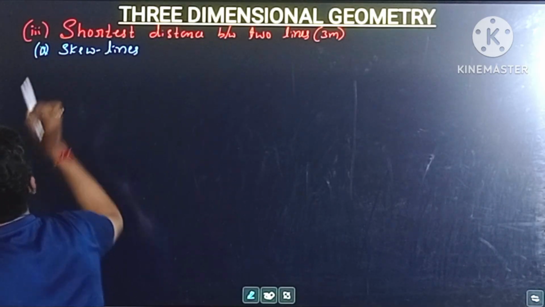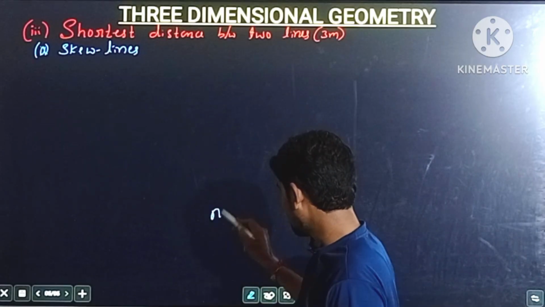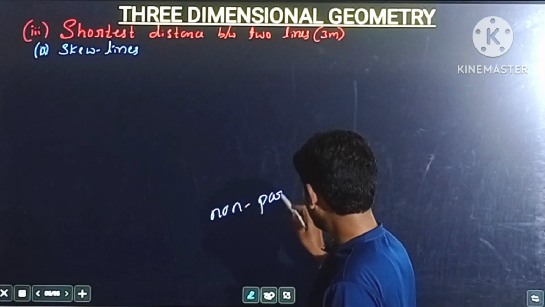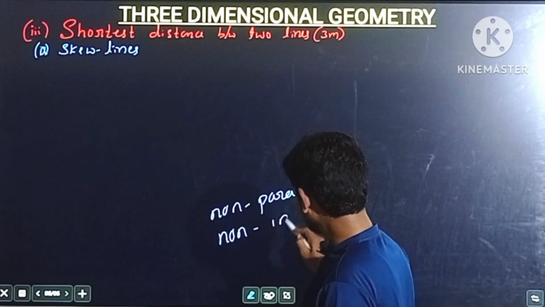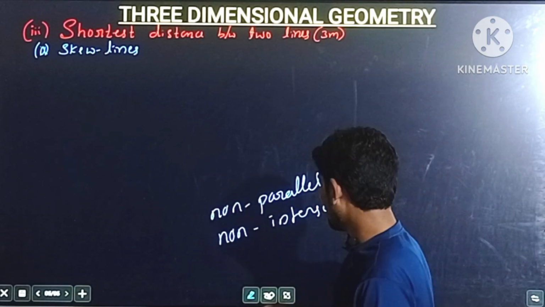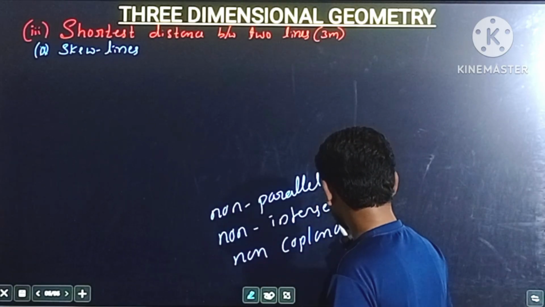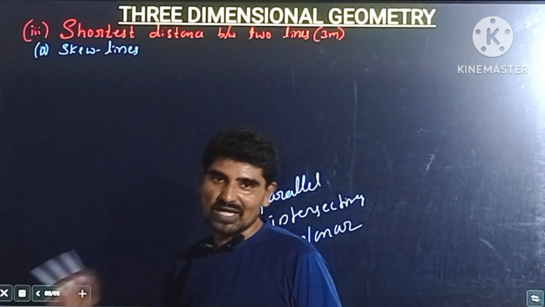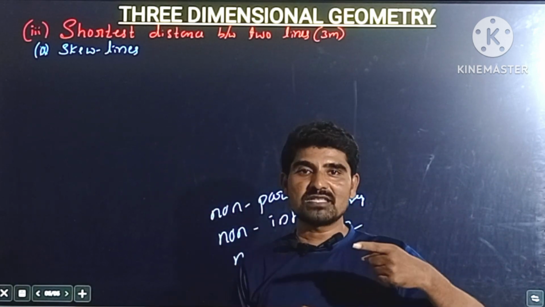Skew lines are lines which are non-parallel, non-intersecting and non-coplanar. Such lines are known as skew lines. See here, suppose this is the first line and this one is the second line.